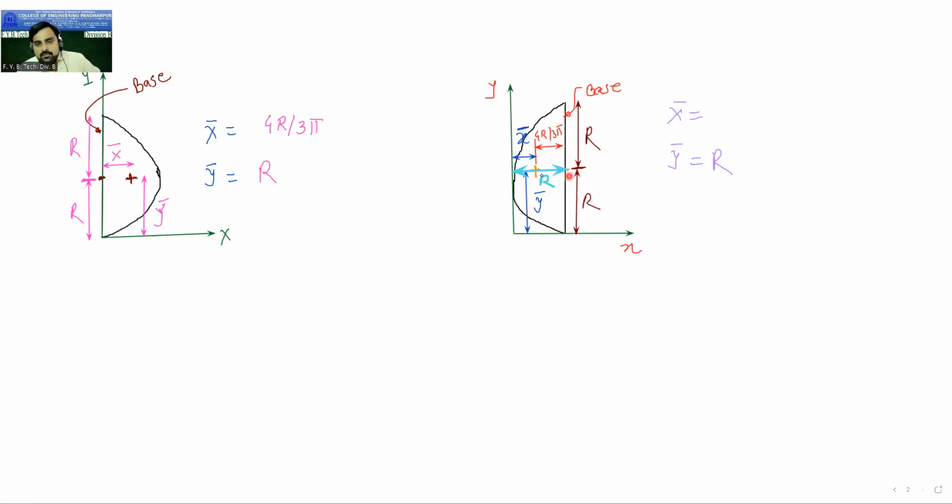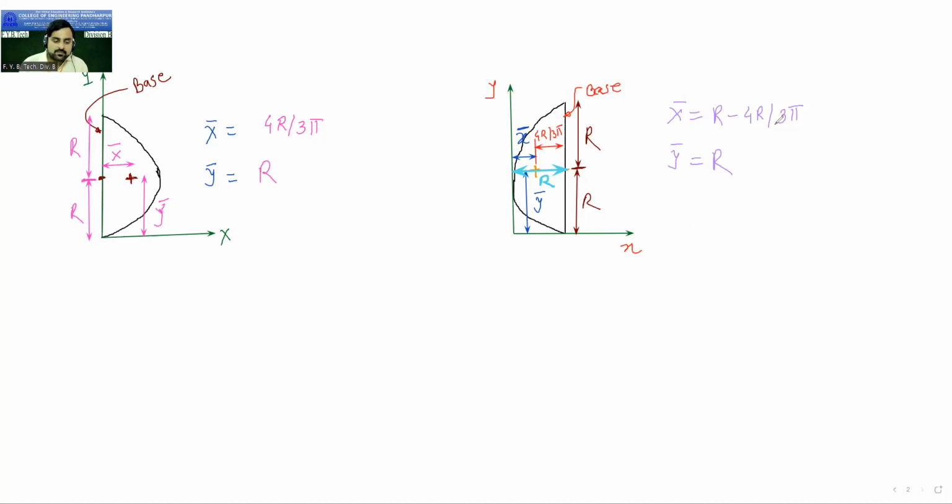Now from this total distance, if I subtract 4r by 3 pi, I will get x bar, because the total is r and from that we are subtracting this. So x bar is equal to r minus 4r upon 3 pi. Again the area is the same, pi r square by 2.